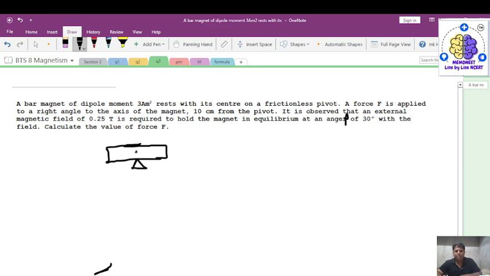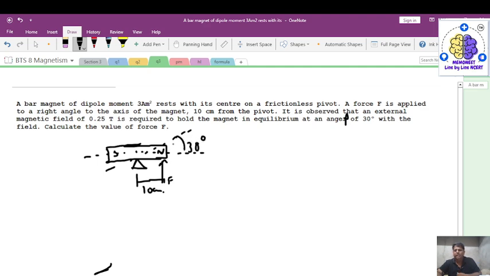This is the center, and let's say this is south and this is north, then a force is acting perpendicular, at 90 degree, and this distance is given as 10 centimeters, right? And this torque is turning the magnet to an angle of 30 degree.